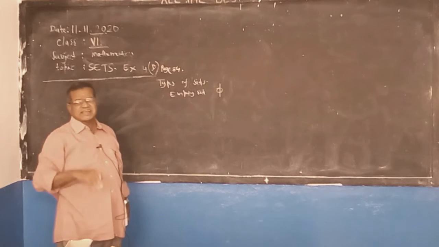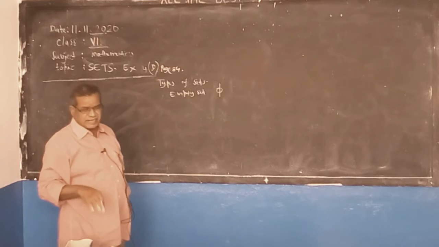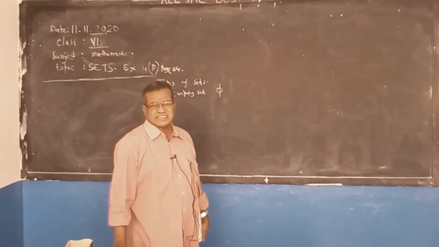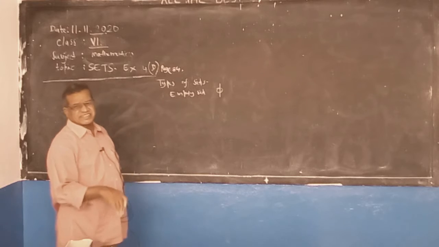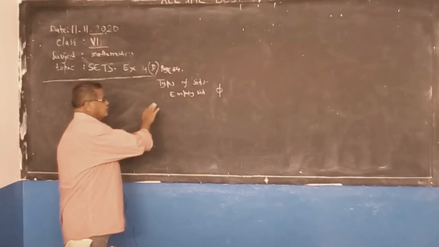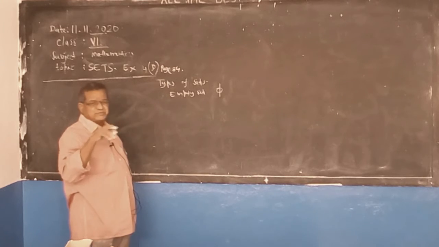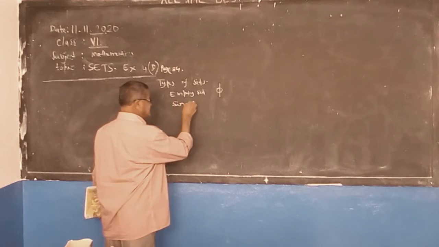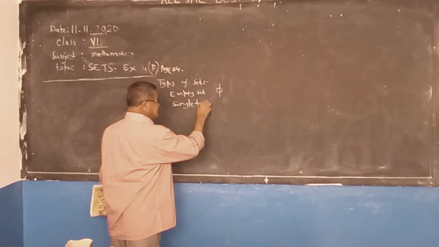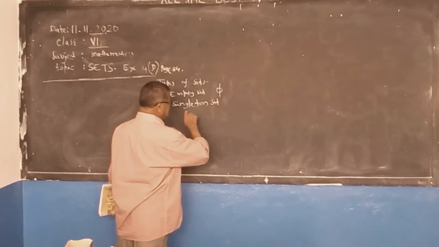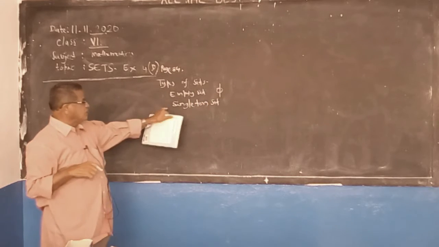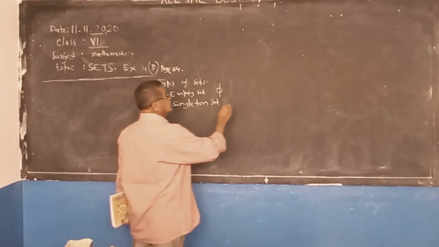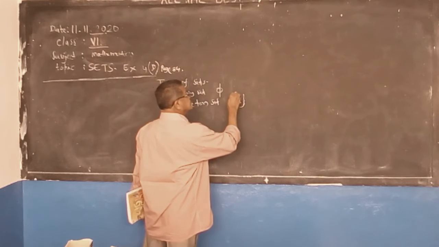A triangle with 4 sides, we won't get. In a triangle there are only 3 sides. How can we get 4 sides in a triangle? It is not called a triangle. Such examples belong to the empty set. Next, singleton set. Singleton set means a set which contains only one element. Suppose 2 is an example, 2 is the only even prime.